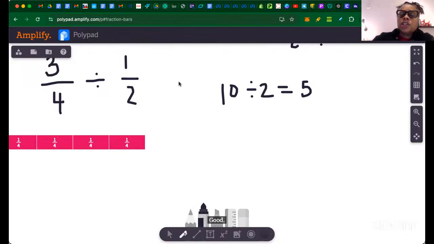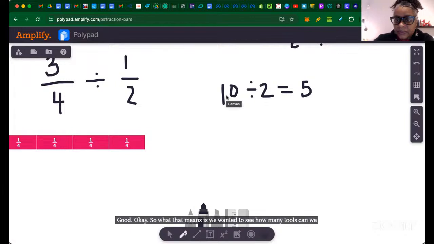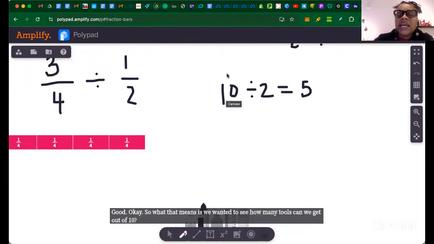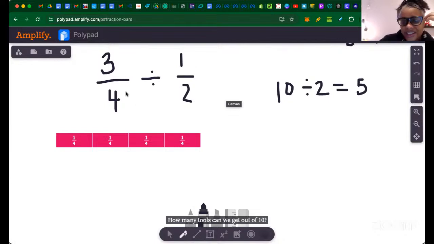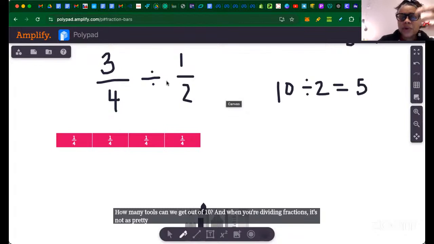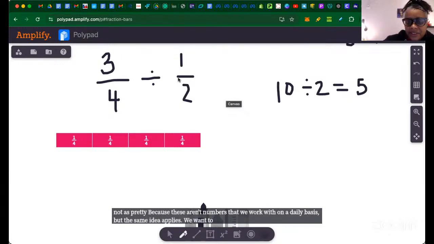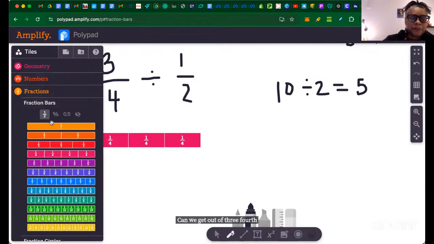So what that means is we wanted to see how many 2's we can get out of 10. And when you're dividing fractions, it's not as pretty because these aren't numbers that we work with on a daily basis, but the same idea applies. We want to know how many halves we can get out of 3/4.